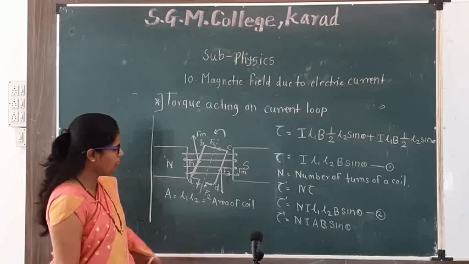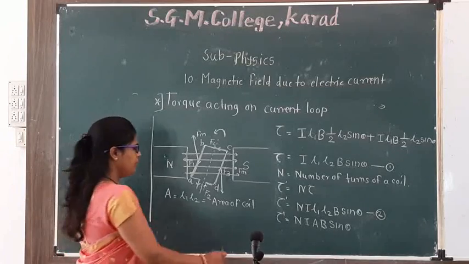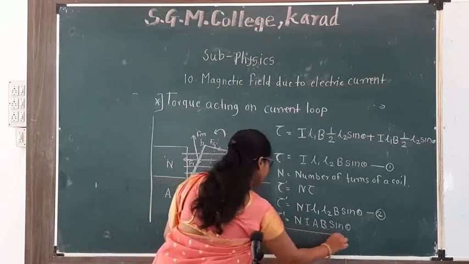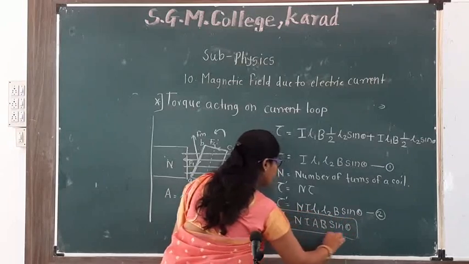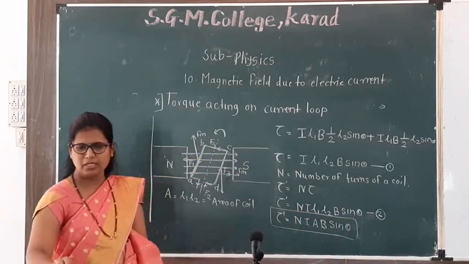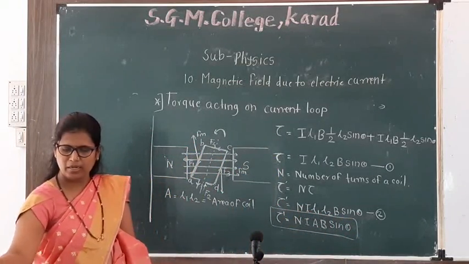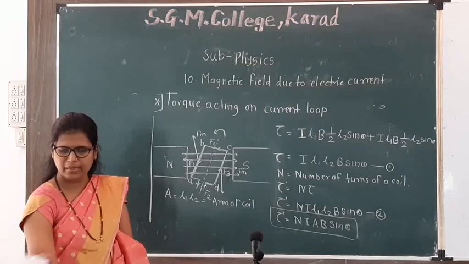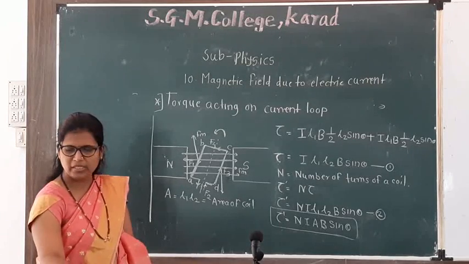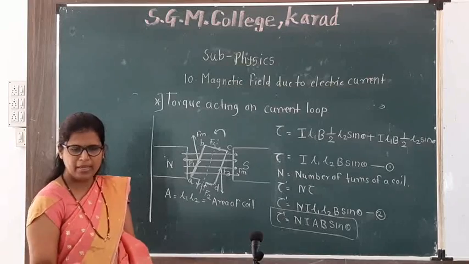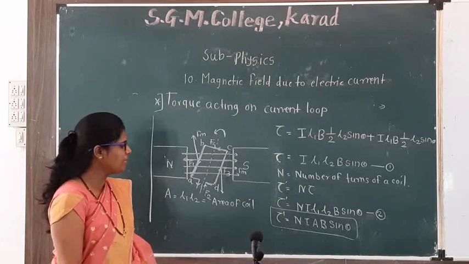Here we obtain the net torque equation: tau dash equals n I A B sin theta.